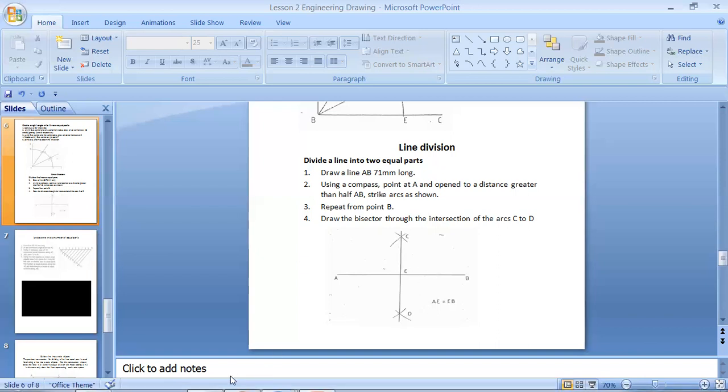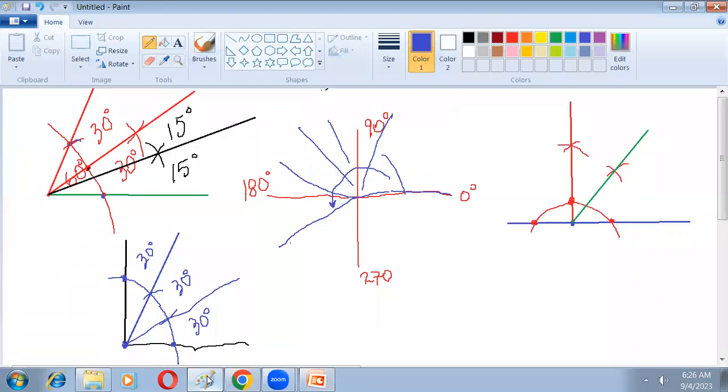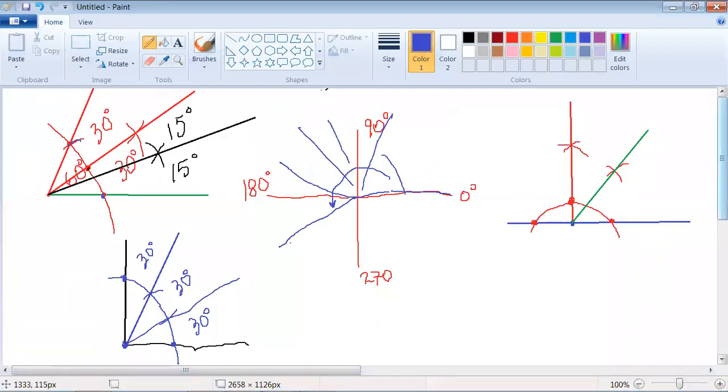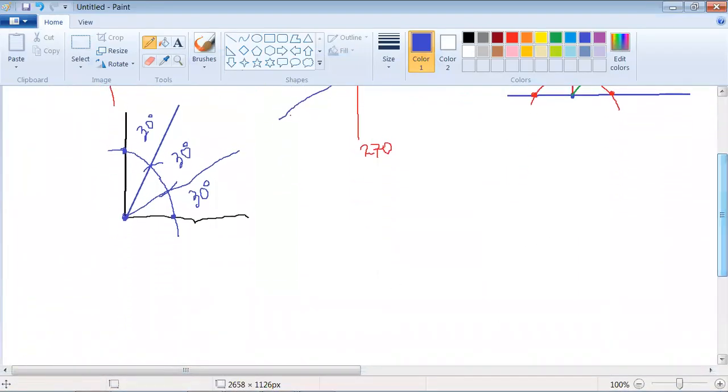Right? Let's try this. Say we have a straight line, right? And we want to divide this line in two equal parts. Right? From this point, right?